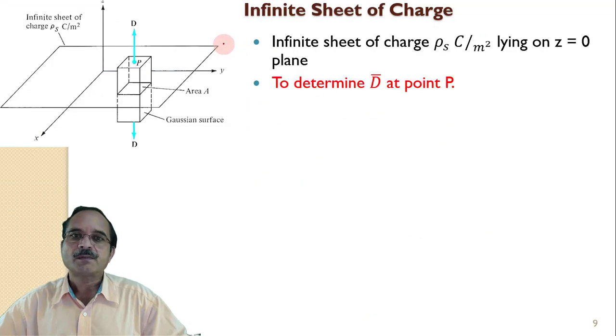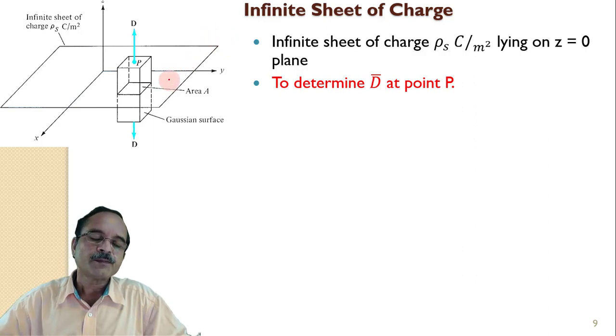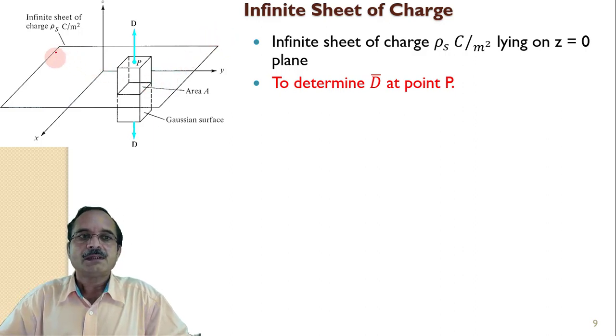Now let us assume an infinite sheet of charge. So this is the infinite sheet of charge with charge density rho s coulomb per meter square. Now here we have to assume some Gaussian surface.